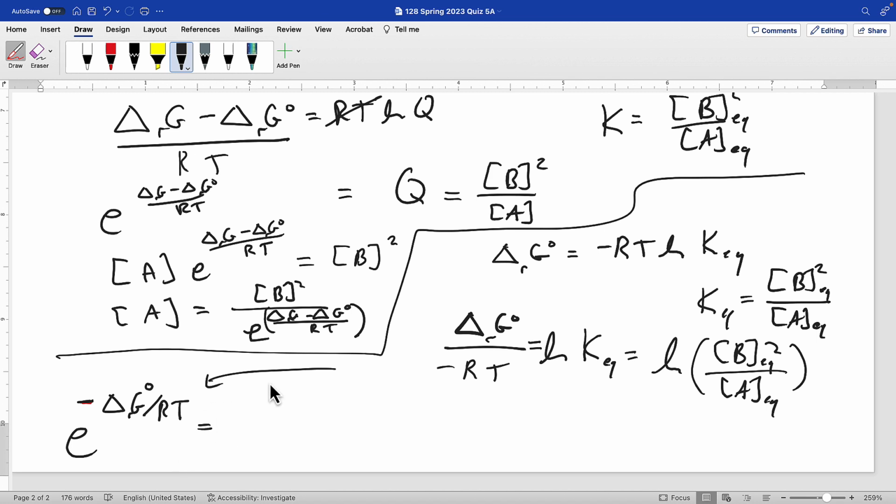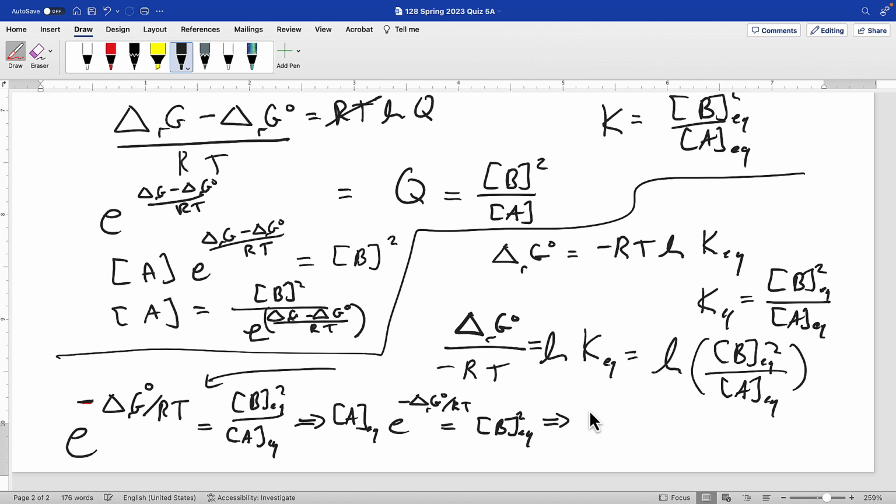So we multiply both sides by A at equilibrium, and we've got A at equilibrium times this exponential, negative delta G standard over RT, is equal to B squared at equilibrium. To solve for A, we divide both sides by the exponential.